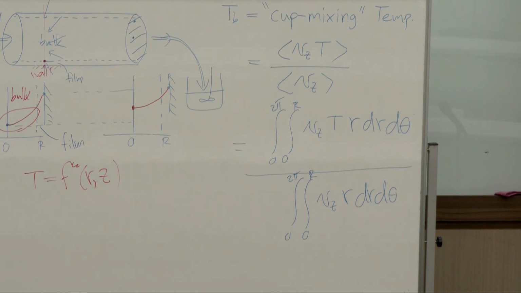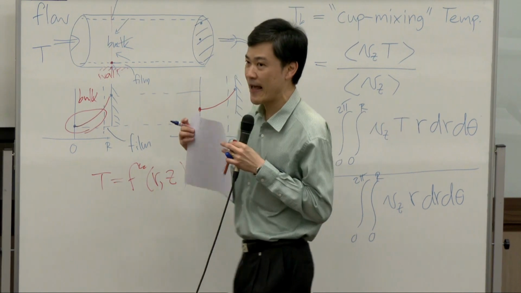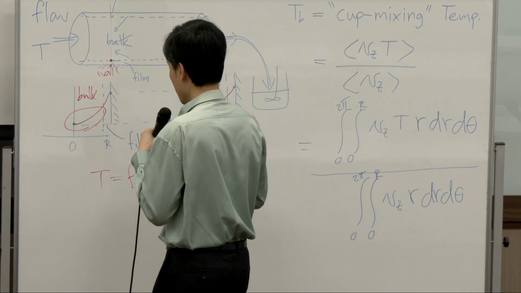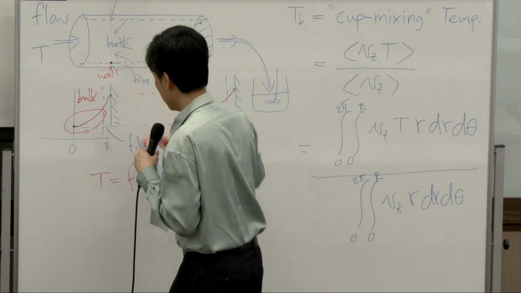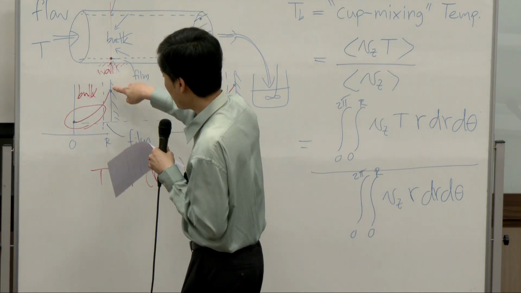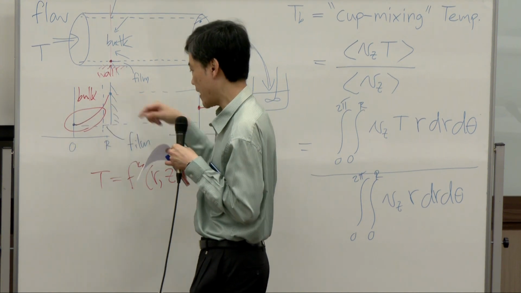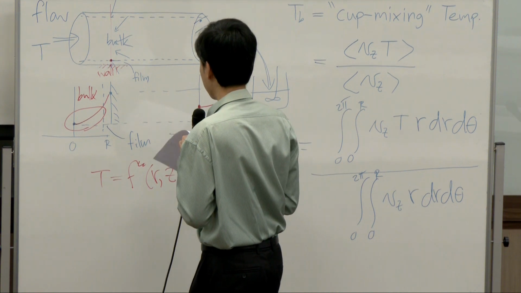So if somehow you can do the calculation, let's say we can do that, that means my cup mixing temperature can be approximated. And now from the actual temperature profile that is nonlinear like this, I can find some certain value of cup mixing temperature.